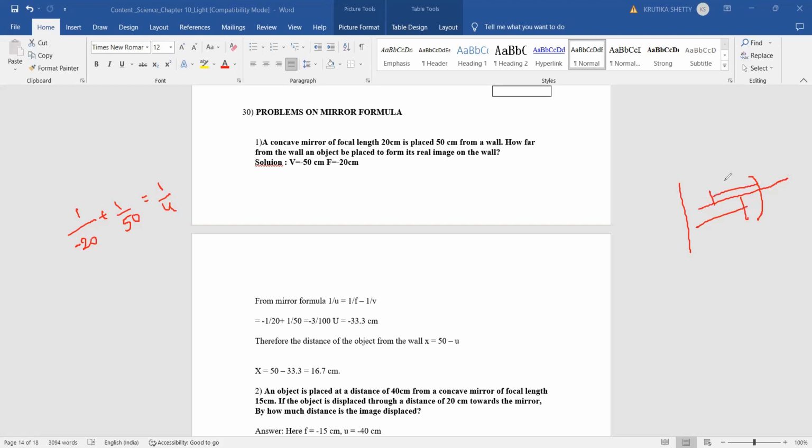So from the mirror we are getting 33.3. But from the wall, how can we calculate this? That is x is equal to 50 minus u. Therefore it is 50 minus 33.3. So what is 50 minus 33.3? It is nothing but 16.7 centimeters. Are you understanding, Rehan, Shreya? It is 16.7 centimeter.